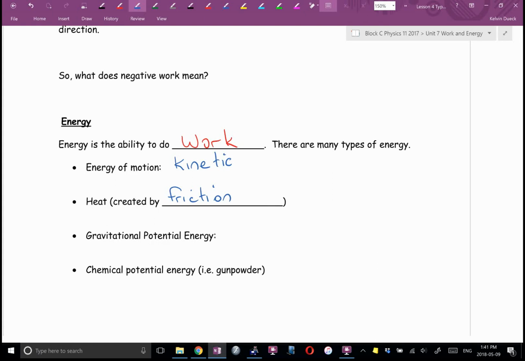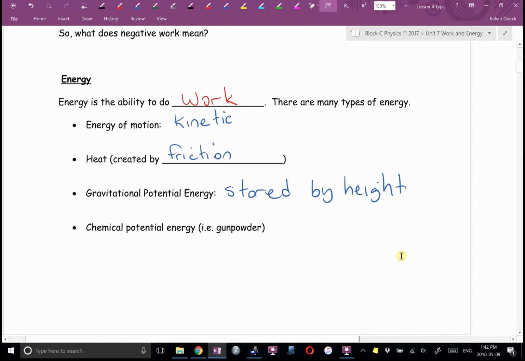There's gravitational potential energy. This is stored by an object's height. The higher you lift an object, the more energy you're giving it. Chemical potential energy, for example, in gunpowder or in the food that you eat.